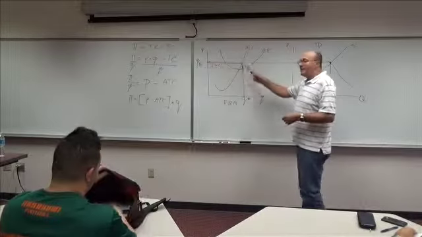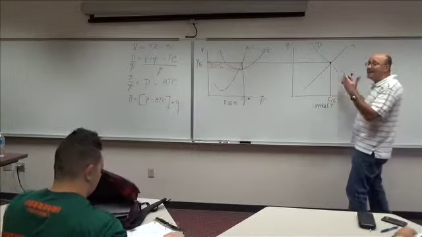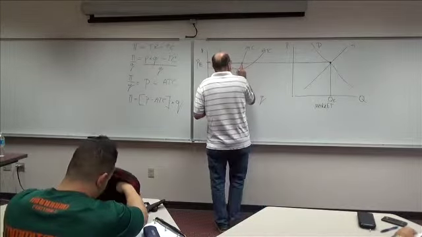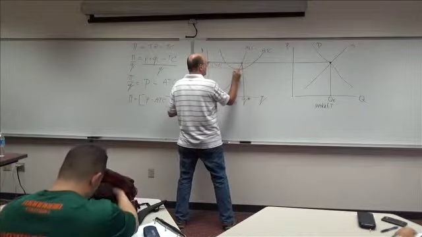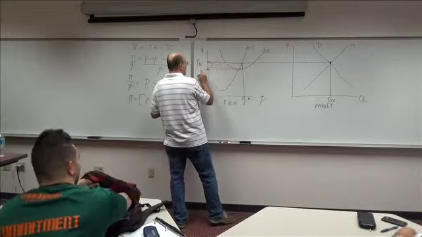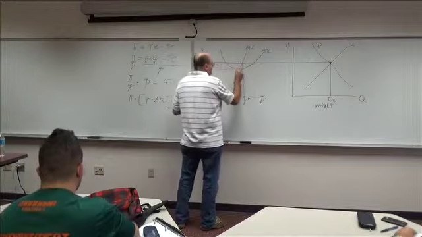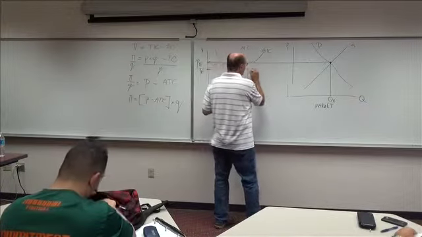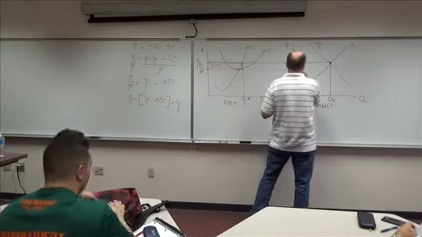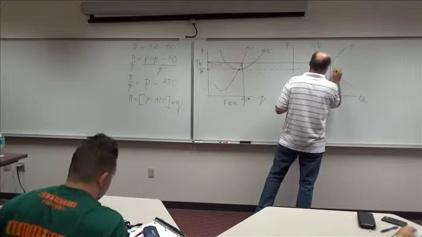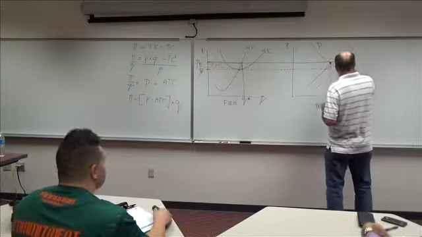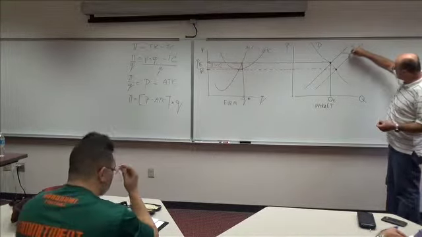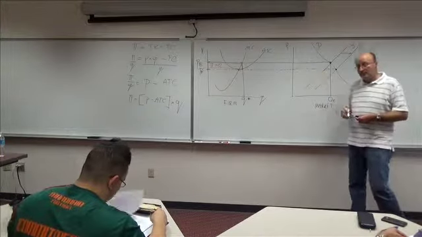So here, we have positive economic profit, and firms will keep entering as long as there's positive economic profit to be made. Once price is so low that there is no more economic profit to be made, which is when supply shifts from S to S prime, price is that low.